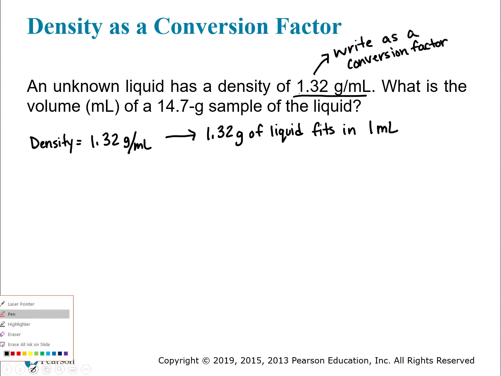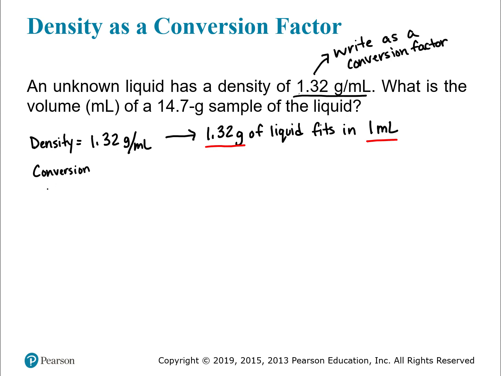Now that we've got our two numbers, and if it helps you to think about it this way, then write it out, or at least think about it. Then you can write your conversion factors. 1.32 grams over 1 milliliter and 1 milliliter over 1.32 grams. Those are the two conversion factors that we can get from the density.